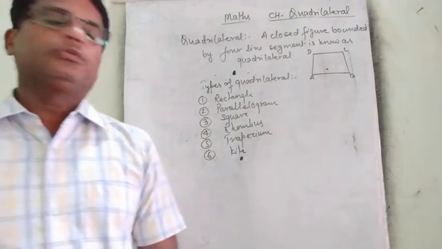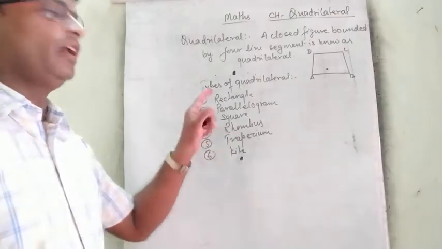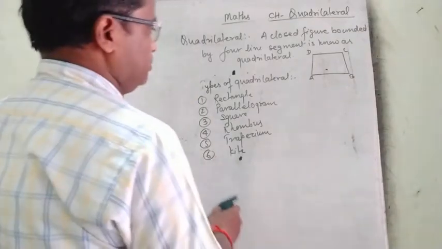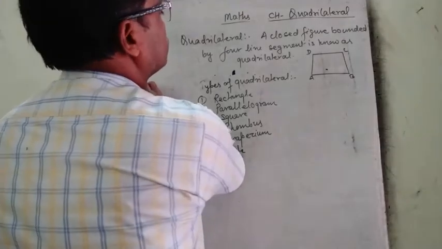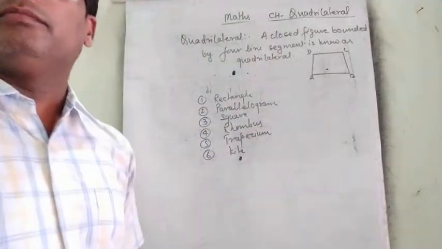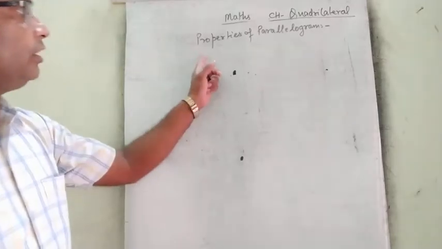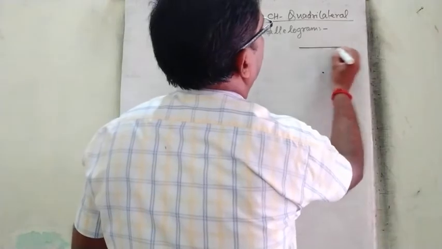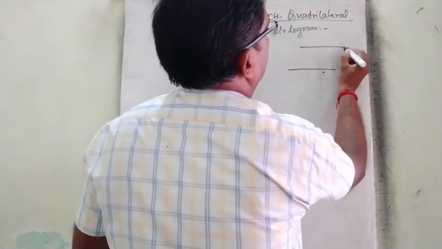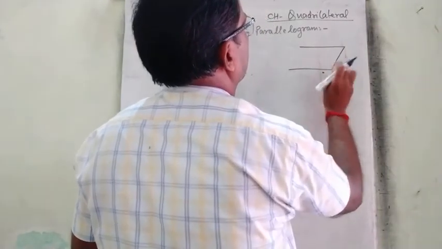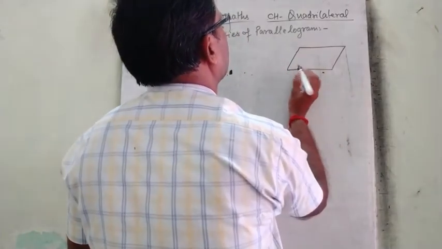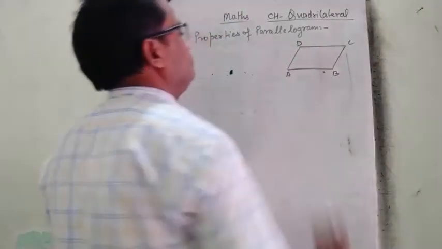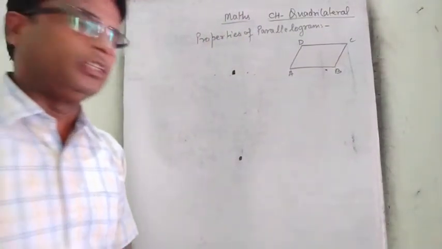In your syllabus, the first topic given is properties of parallelogram. This is the figure of a parallelogram ABCD.